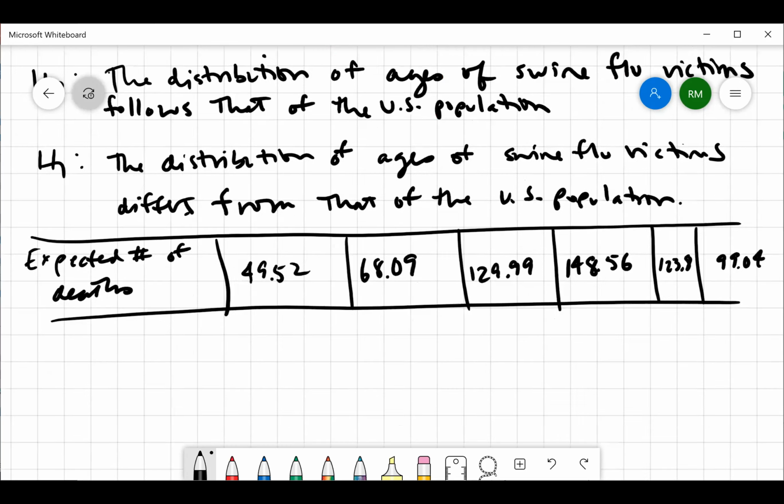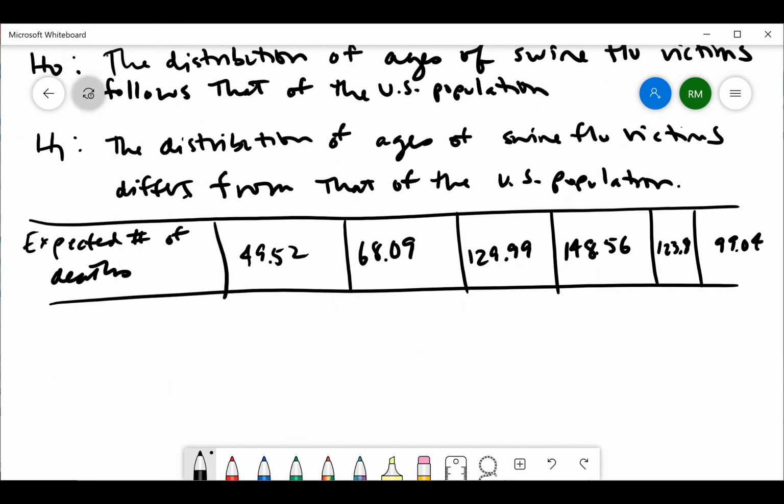All right, so to calculate our chi-square statistic, we need to add up these 6 quantities.